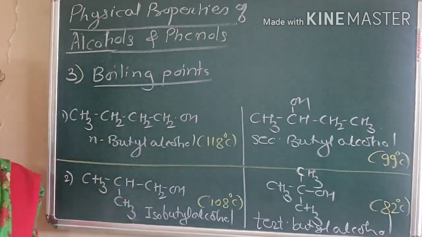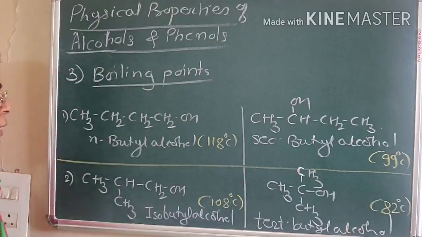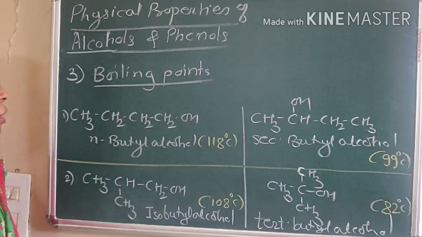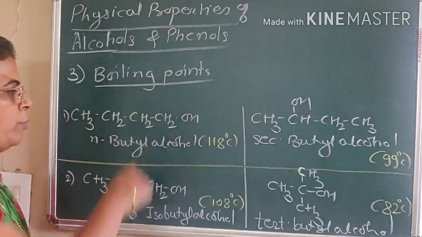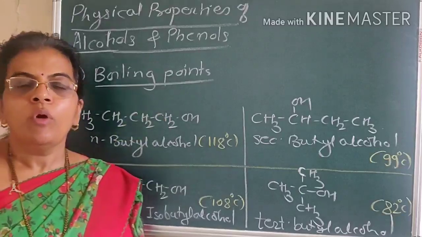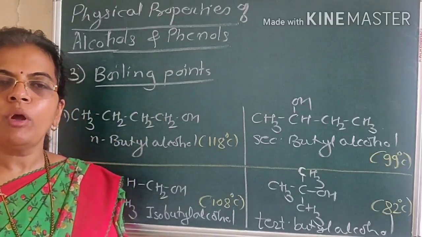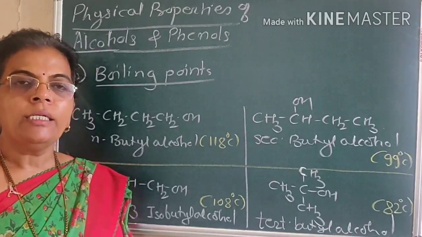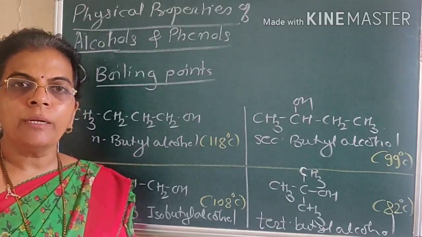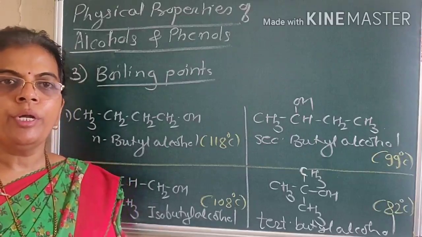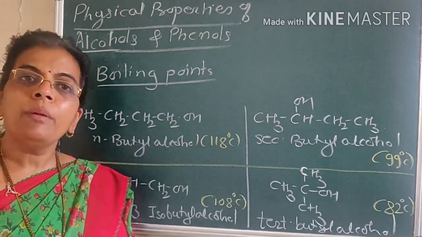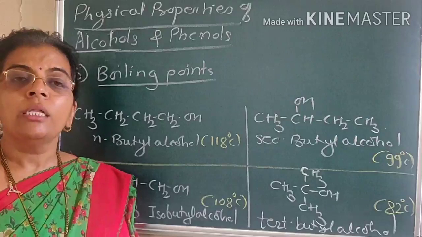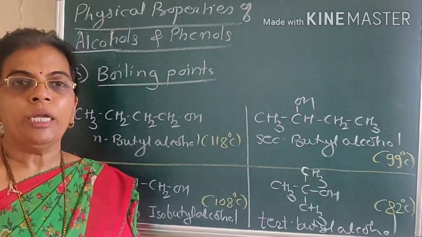Now we are going to see the third property of alcohols and phenols, that is boiling points. Here the boiling point of alcohols and phenols increases with the increase in molar mass. That is, as the number of carbon atoms and hydrogen atoms increases, the boiling point also increases. If the number of hydroxy groups increases, then also the boiling point increases.